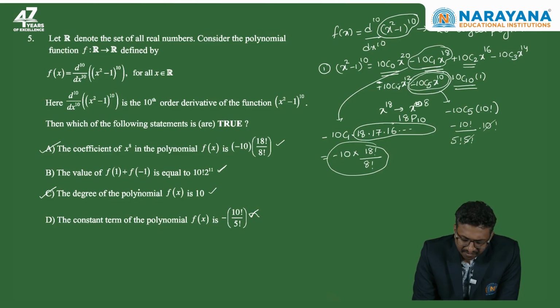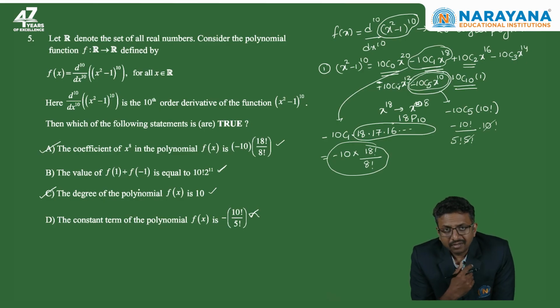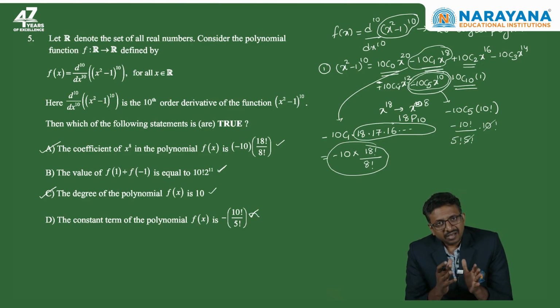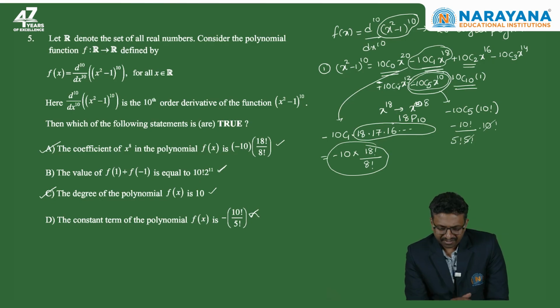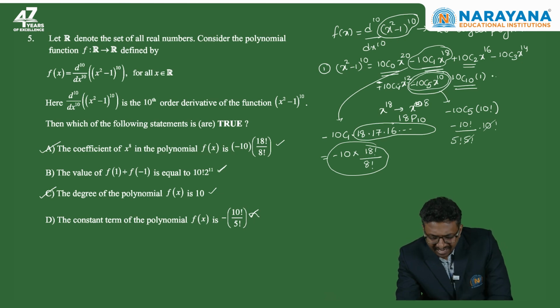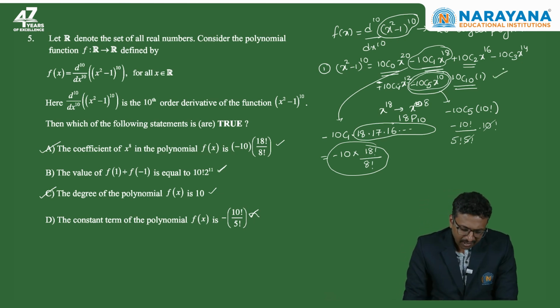Now, what is f(1) + f(−1)? Usually f(1) + f(−1) is nothing but 2 times the sum of the even powers of x, right? So if you just try to take this forward, what I have observed is that doing this kind of process is going to give you some complications in finding f(1) + f(−1).